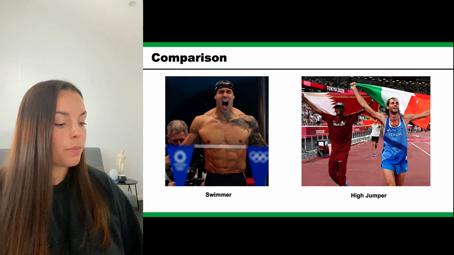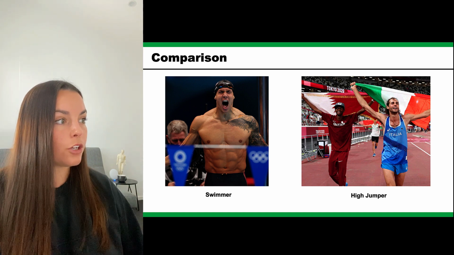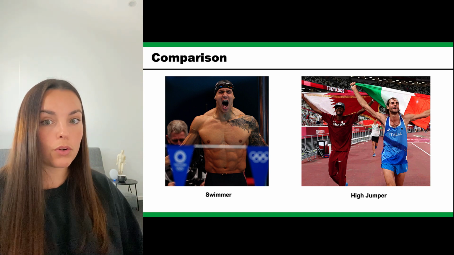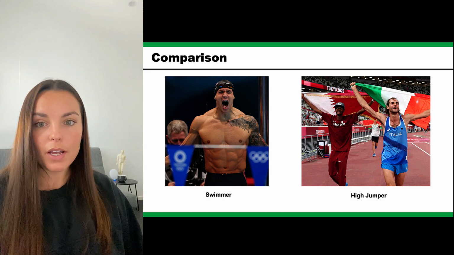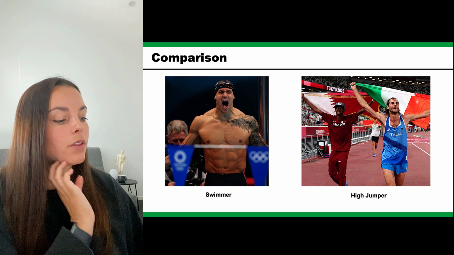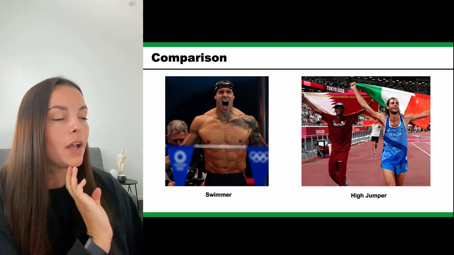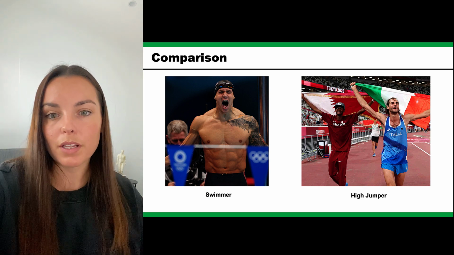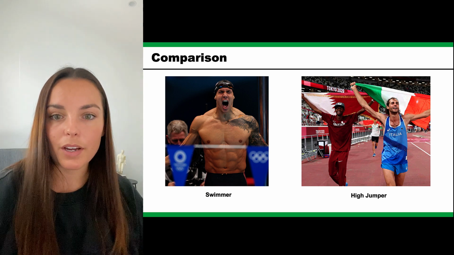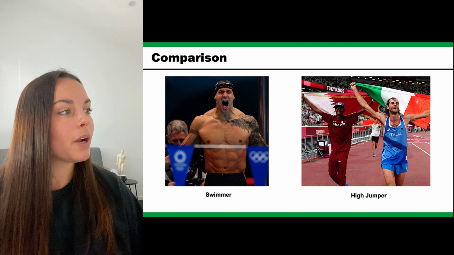Whereas with the high jumper, they tend to have very short torsos and long legs. They're very lean, so they want to be very light to propel themselves through the air. Another interesting thing about high jumpers, I only found this out recently when I was looking up some of the physical characteristics of a high jumper.